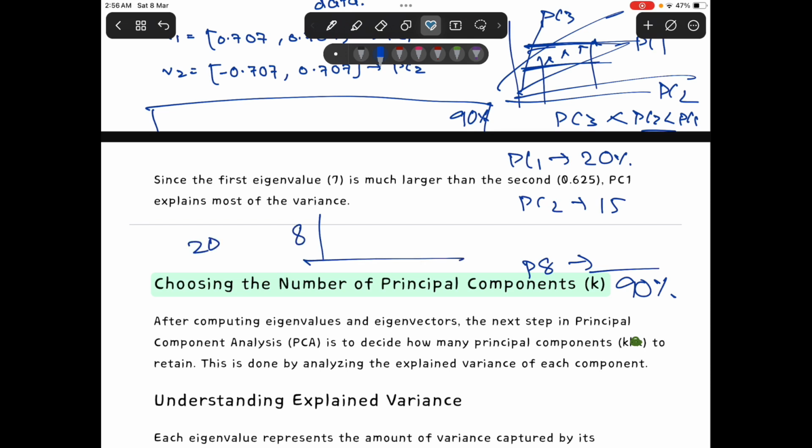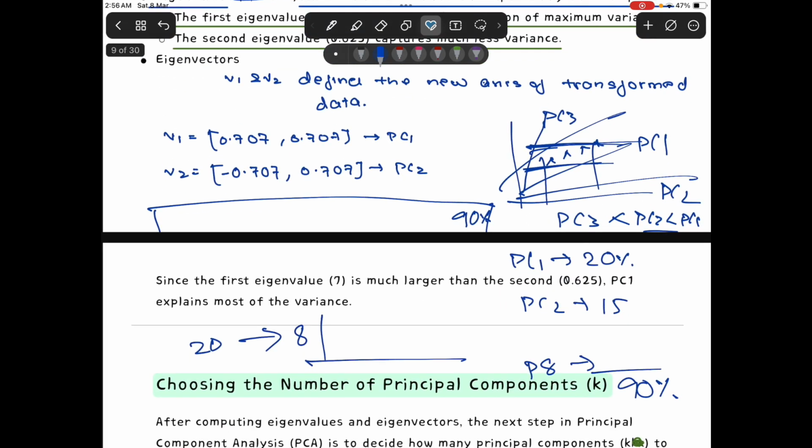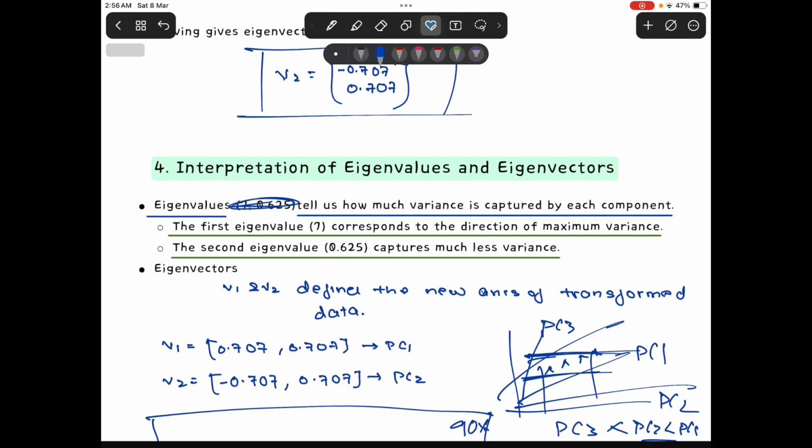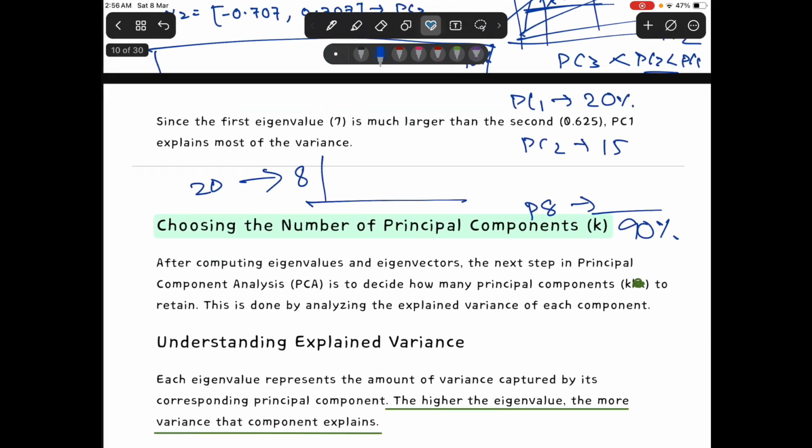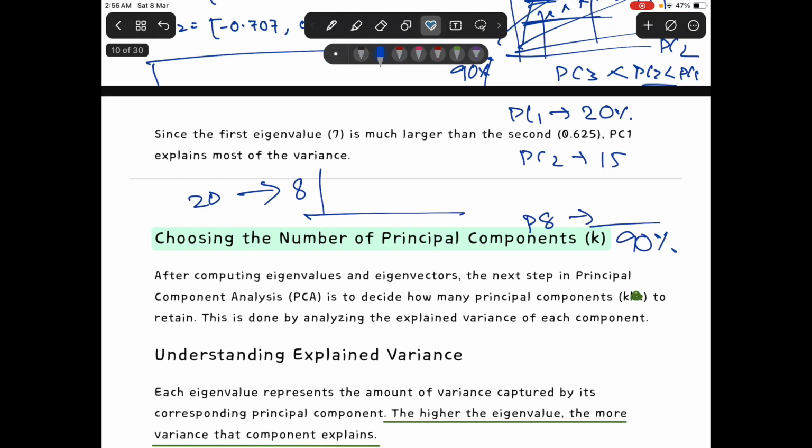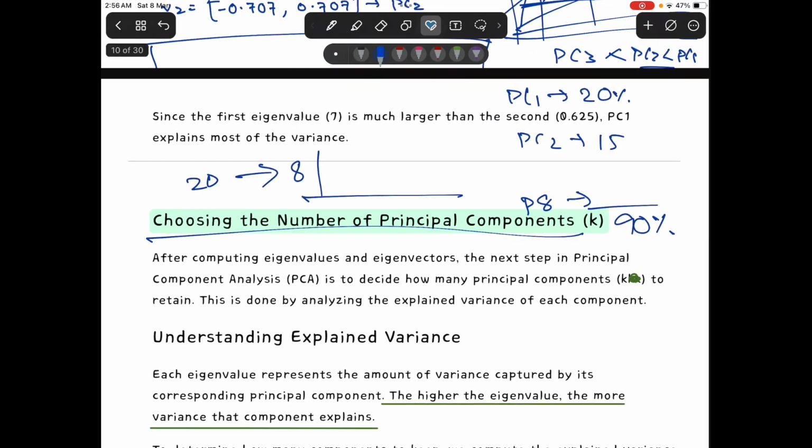If we have 20, it will decrease to 8 only. So you have seen how we reduce the number of features or attributes. This is choosing the number of principal components.